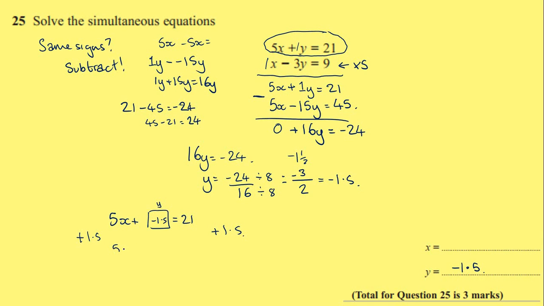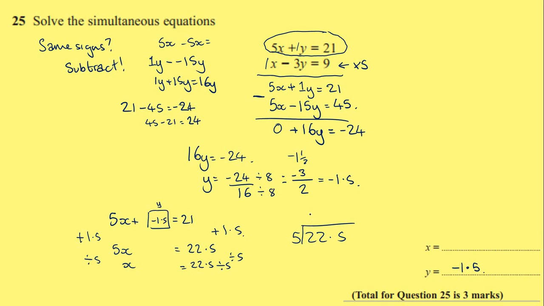And I'm going to get 5x minus 1.5 plus 1.5, well, they just cancel each other out. And 21 plus 1.5 is 22.5. And x, we can divide through by 5, is going to equal 22.5 divided by 5. Now, what's 22.5 divided by 5?